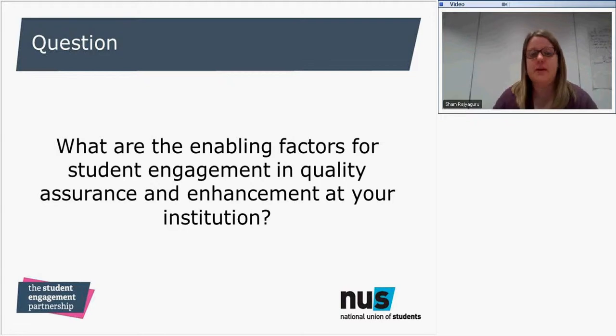But I did want to ask you first of all what some of the enabling factors you think are for student engagement in either quality assurance or enhancement at your institution. An enabling factor could be something like a really strong representative system, for example. If you'd like to speak, then please put your hand up and we can unmute you.